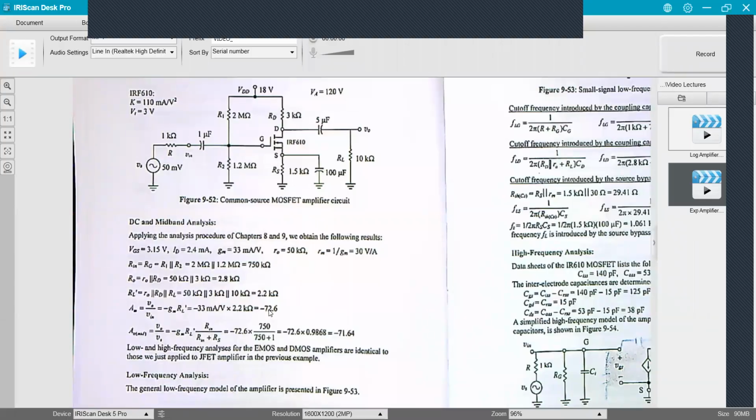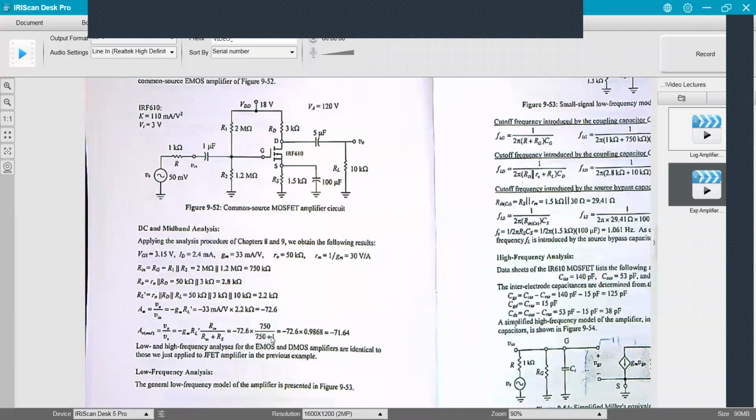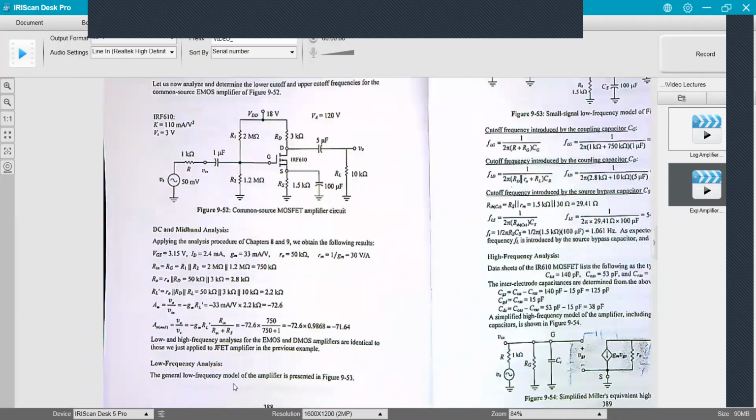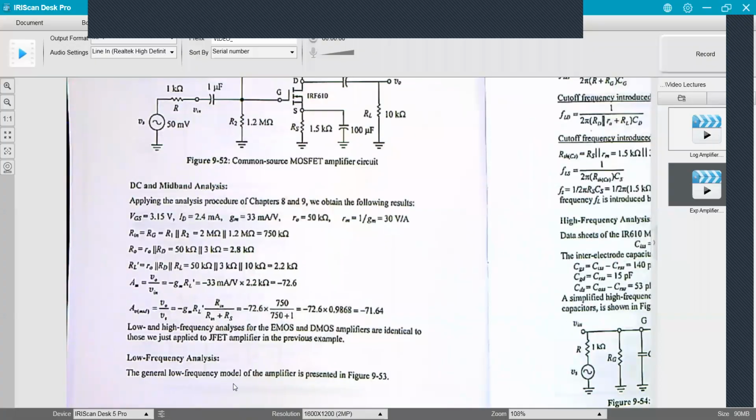Minus 72.6 to minus 71.6. So you're like 98, almost 99% of this signal actually gets to the gate here to get amplified. So that's our small signal, our RN, our R out, and our gain so far.